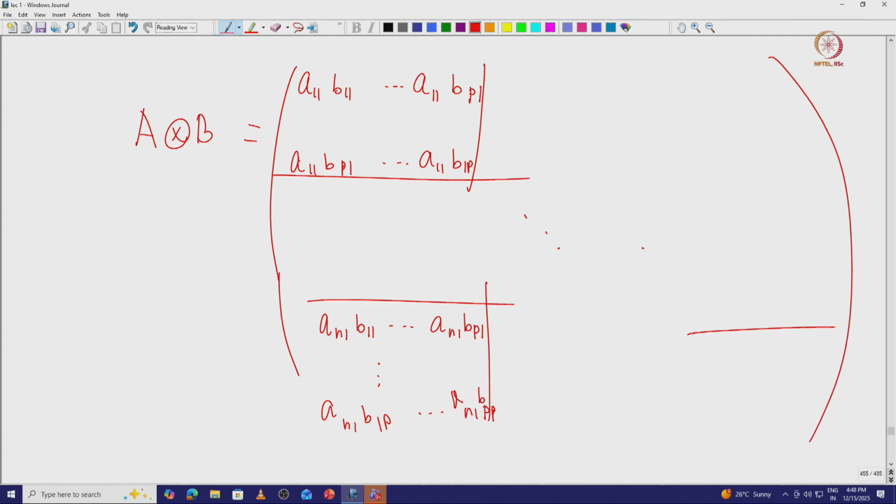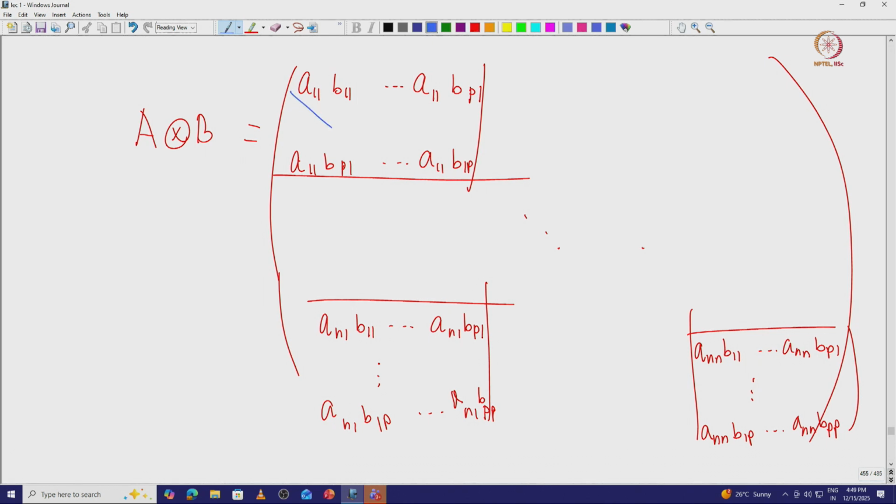And what is going to be here? This is going to be ANN B11 etcetera, ANN BP1 and so on, ANN B1P etcetera, ANN BPP.